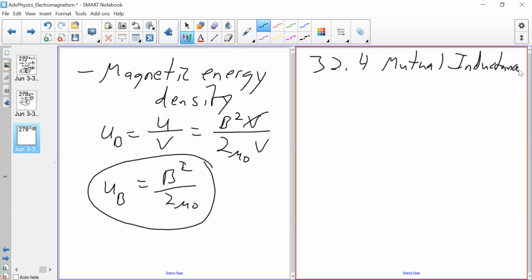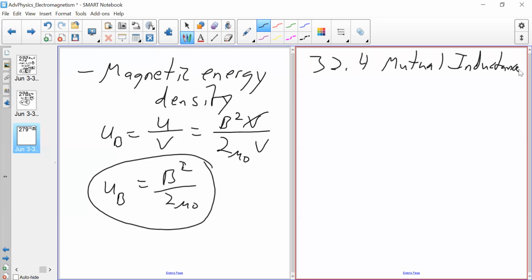They induce an EMF in each one simultaneously. So if we have, I'll draw the pictures, two coils, time varying, they have mutual magnetic fields that are set up as a result of that changing electric field, changing magnetic fields. And so they mutually induce EMFs in the other.